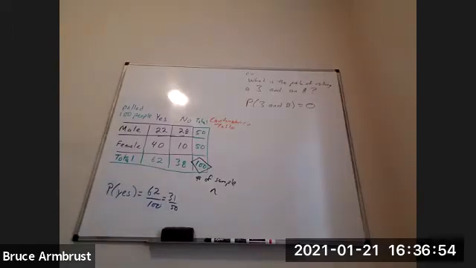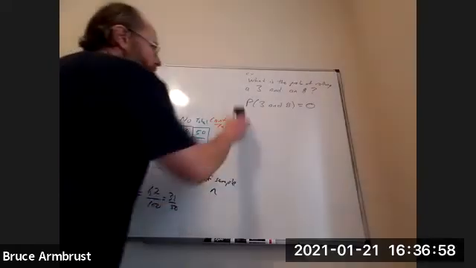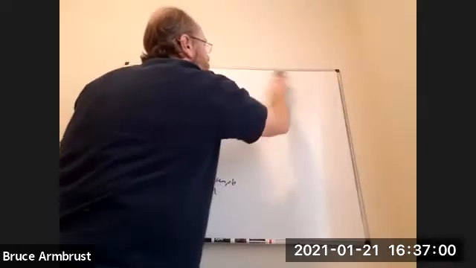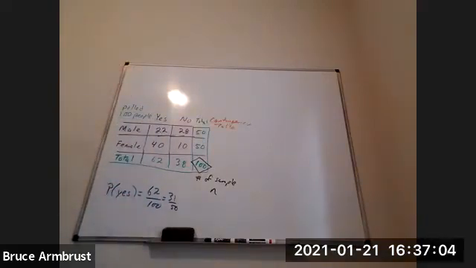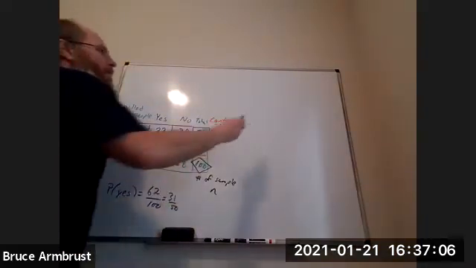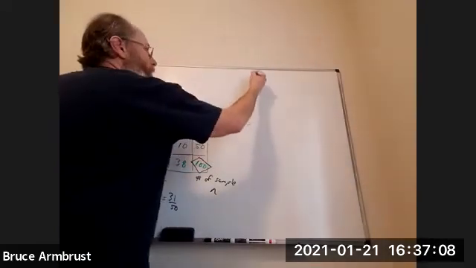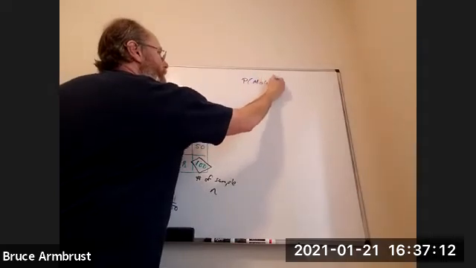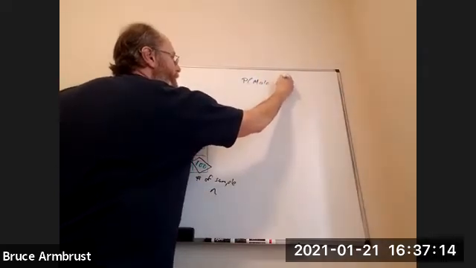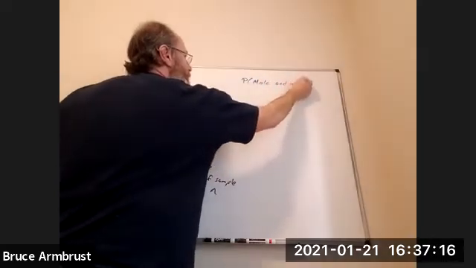All right, but let's vary this up and do some other probabilities that involve and or, things that involve conditions and so on. So here's the next one. How about what's the probability of male and no?